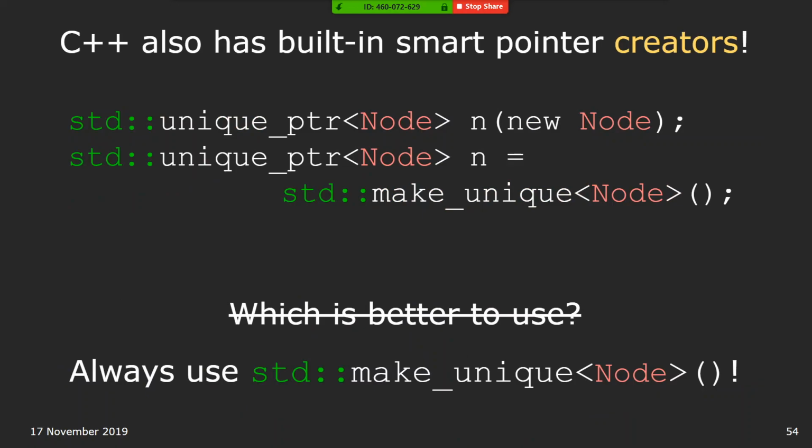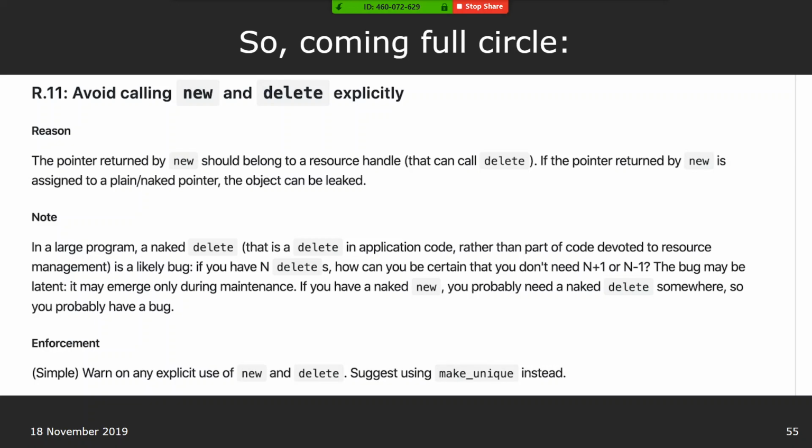The takeaway though is that you essentially always want to be using make unique or make shared as opposed to explicitly saying new node. And one of the benefits of that is that we can essentially say to programmers that in C++, we can now almost never call new or delete. Even when we're working with raw pointers, even if we still wanted to use something like int star, that int star will almost never come from us explicitly calling int star n equals new int.